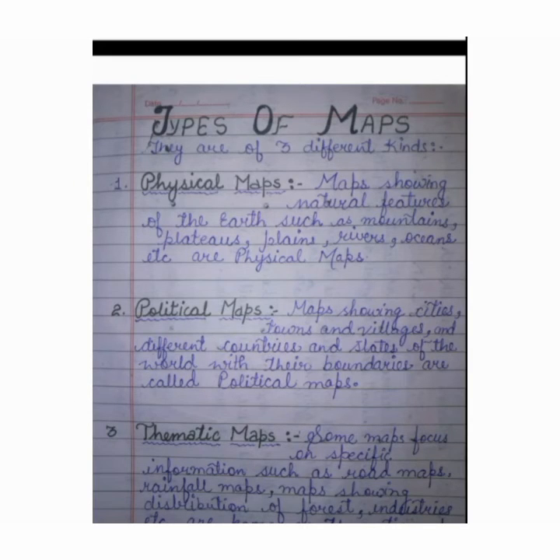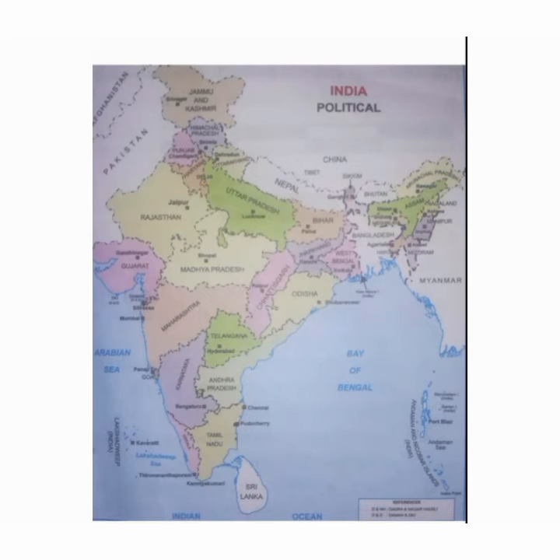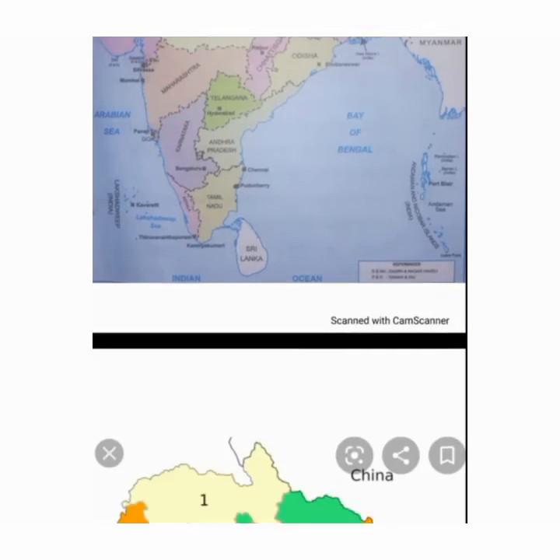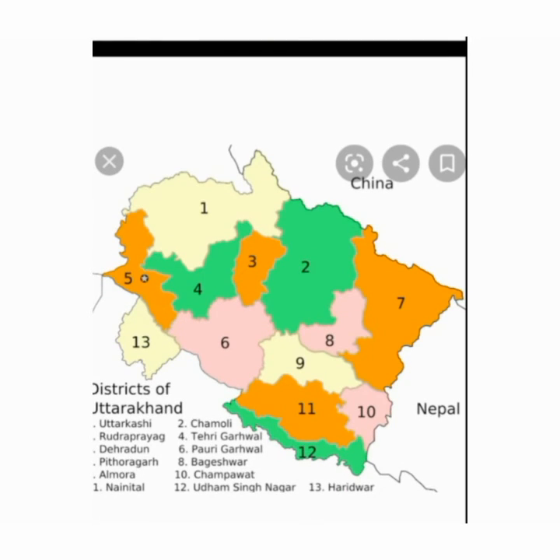Now when we look at the Indian political map, it shows India and surrounding countries with international boundaries and state boundaries that separate them from each other. Then you can have a look at the map of Uttarakhand showing all the 13 districts with their boundaries, and then districts are subdivided into cities and towns and villages with their boundaries.